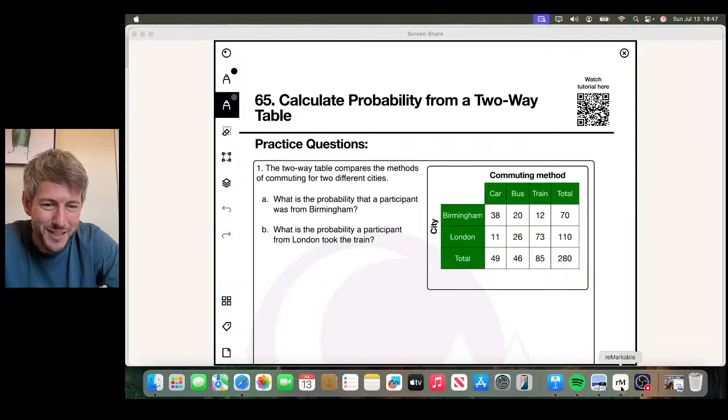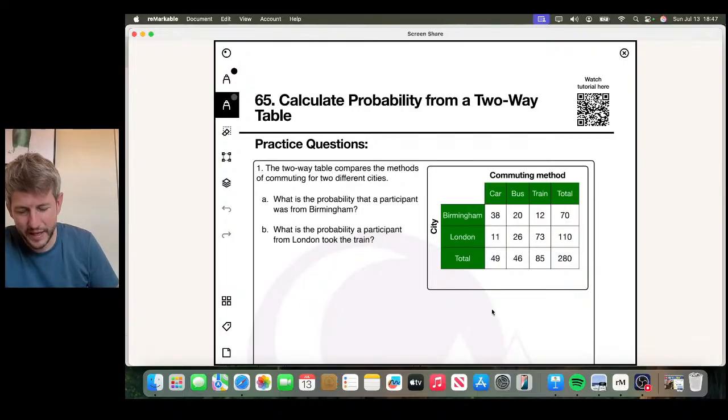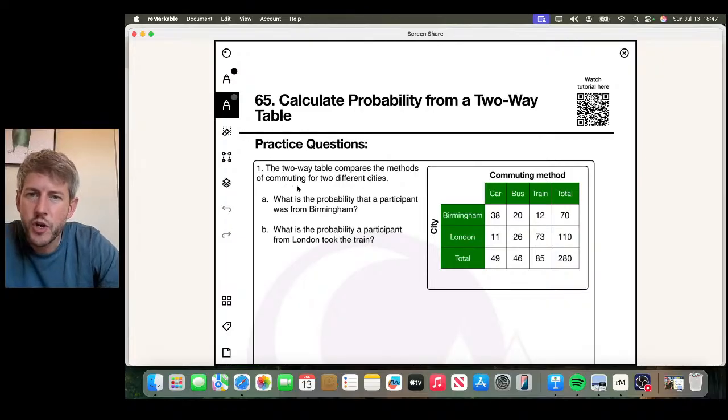Okay, so the first topic that we've got at the moment, as you can probably see, is calculate probability from a two-way table. So let's begin. These are the practice questions, and the first one says, the two-way table compares methods of commuting for two different cities.